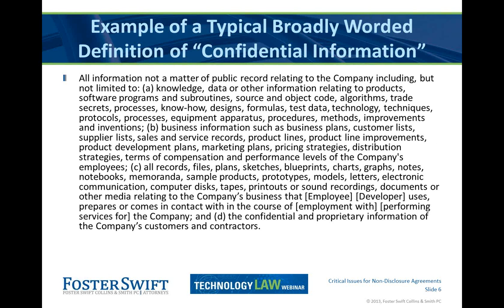And then another one you'll usually see is information that's required to be divulged by a valid subpoena or court order, something along those lines. In that case, you'll also oftentimes see a clause that the company negotiates that says, well, okay, but if you do get a subpoena or court order that you feel you need to comply with, you have to give us notice, an opportunity to go to court and try to get a protective order so that we can maintain that information as confidential as we can, even though we have to, as a matter of legal due process, provide the information.